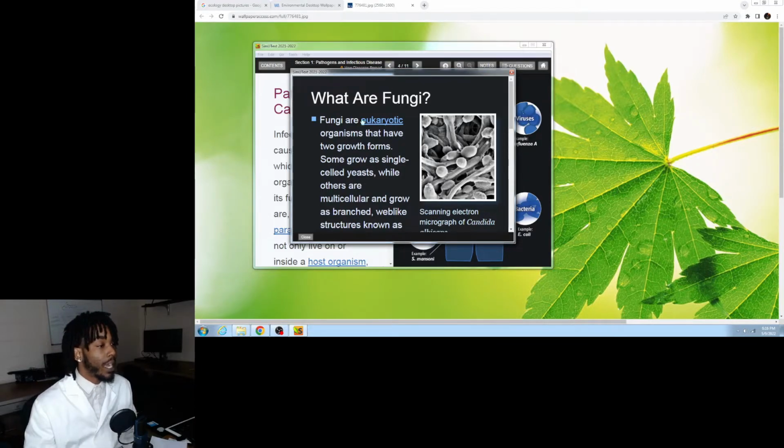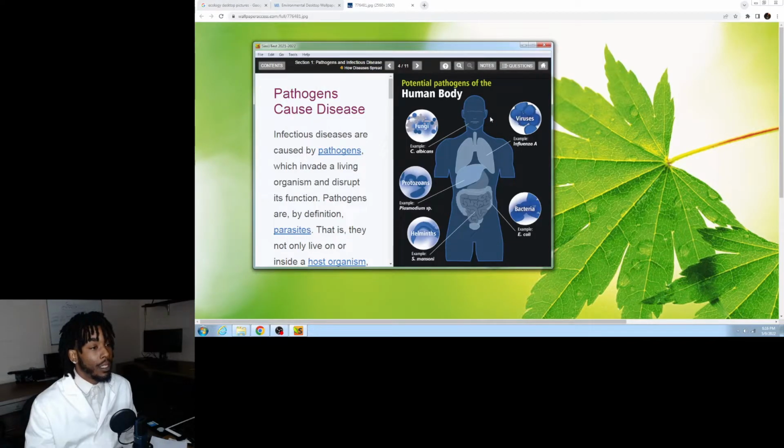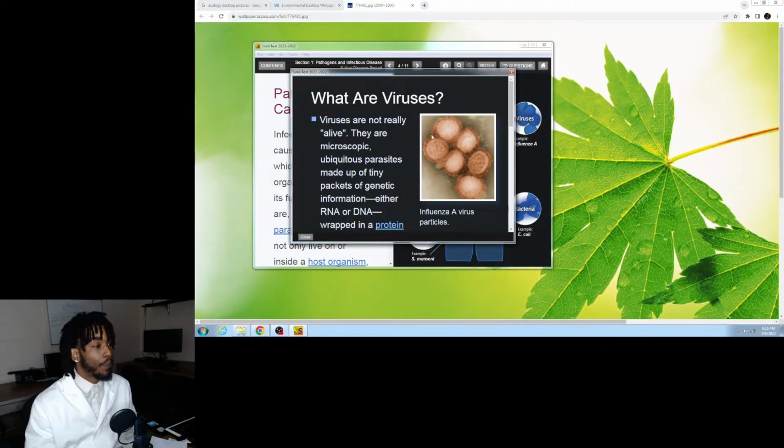So what are fungi? Fungi are eukaryotic organisms that have two growth forms. Some grow as single-celled yeast, while others are multicellular and grow as branched web-like structures. Okay, so let's see what viruses is.